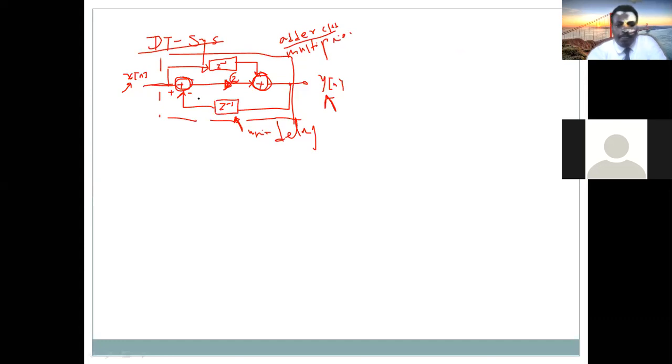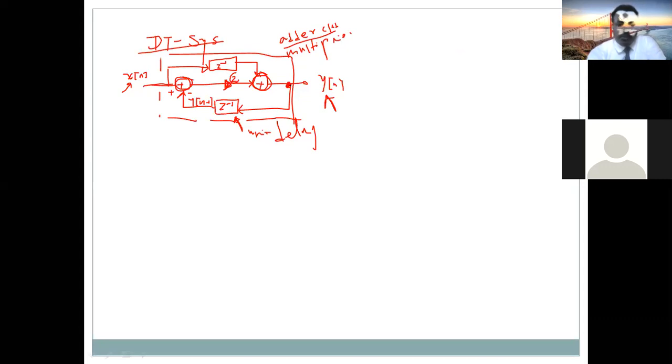Here the output y of n comes here, delayed by 1, so at this point we get y of n minus 1.